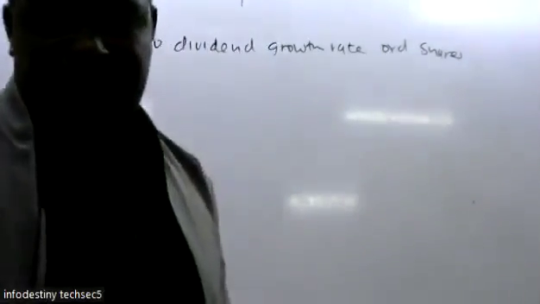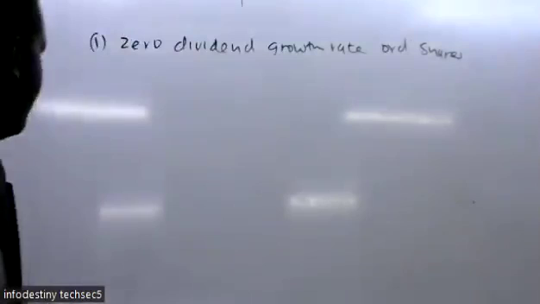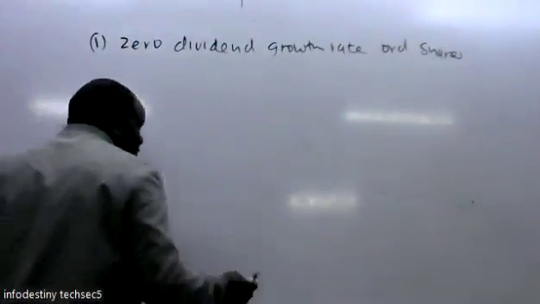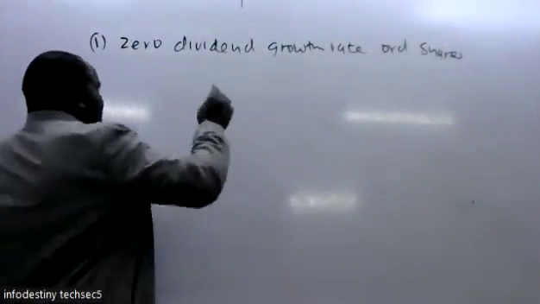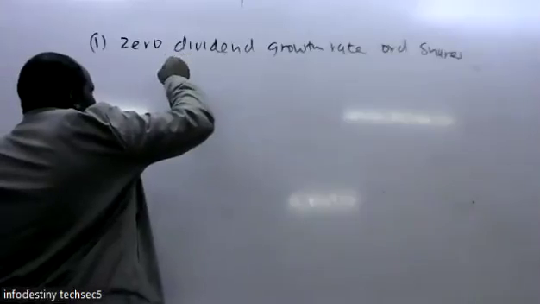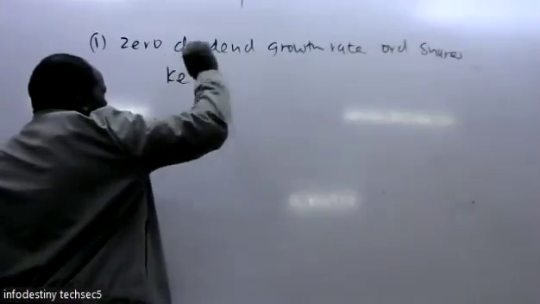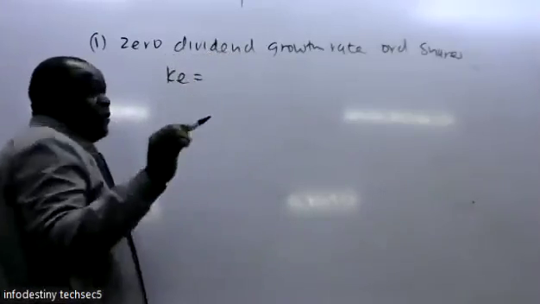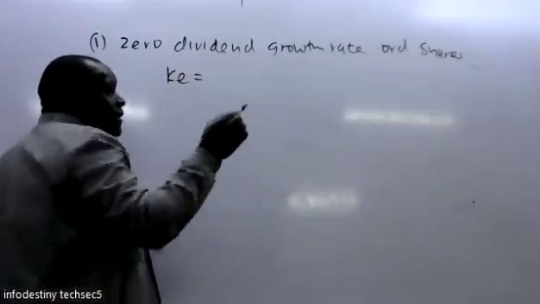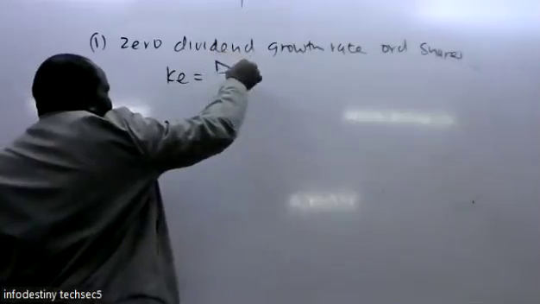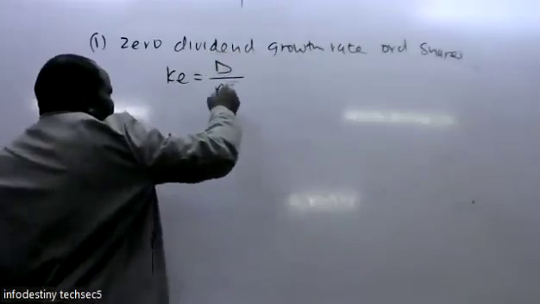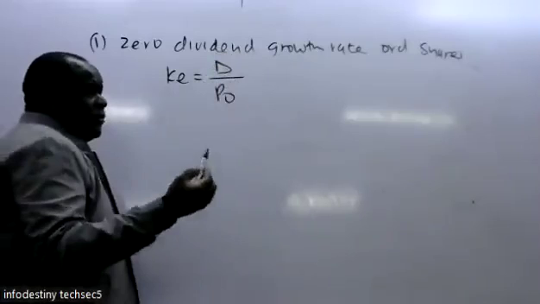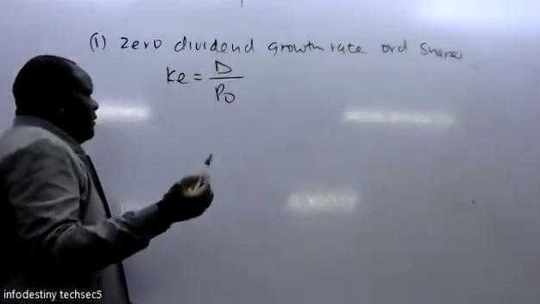So if you recall the other time, KE was supposed to be given by D. So KE was the cost of the ordinary share. So it was the dividend, then we were dividing by PO. So this time we are looking at the value.